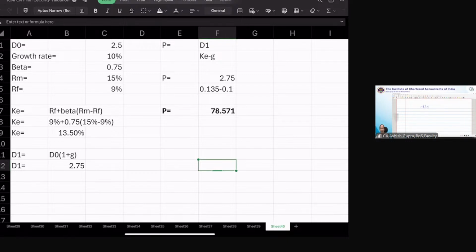That's why we always say students, don't skip any topic. Suppose a student is well versed with security valuation but ignored the topic of portfolio management, then he will not be aware of the concept of CAPM. So please go through everything. You should not leave any topic untouched.